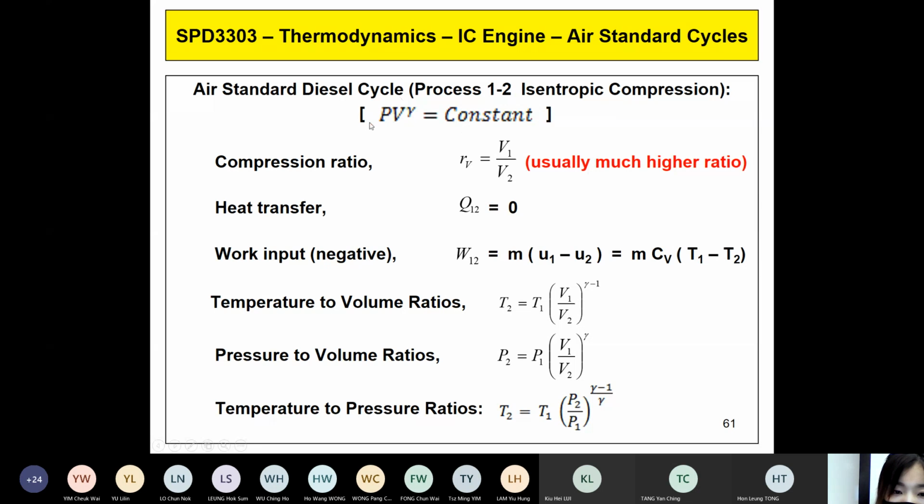We have the characteristics of isentropic compression, and by combining them with the perfect gas property, we can derive these equations. You should remember these equations to help you solve problems, for isentropic compression.